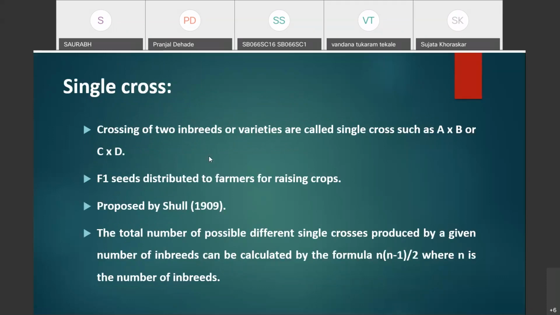Single cross means what? The crossing of two inbreds or varieties is called a single cross.